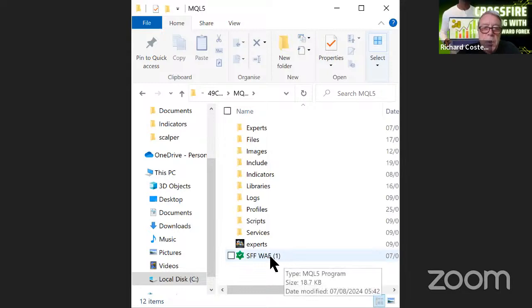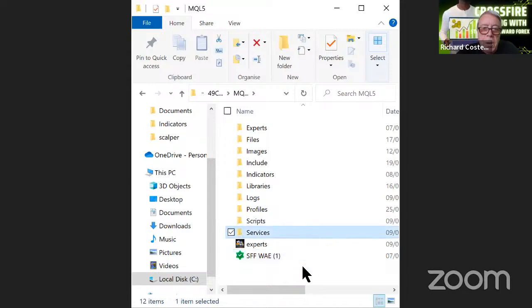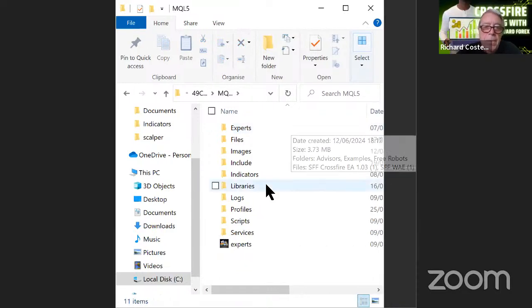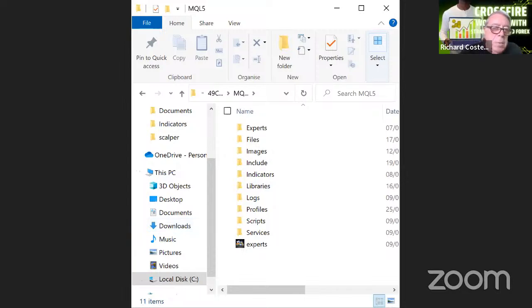I need to put this in my experts, this experts at the top. So I just drag it, when the computer decides to do what I'm asking it. I drag it up to experts, and it's now in my experts. When I go along to expert advisors, I can click on that, and it will offer me a refresh button.